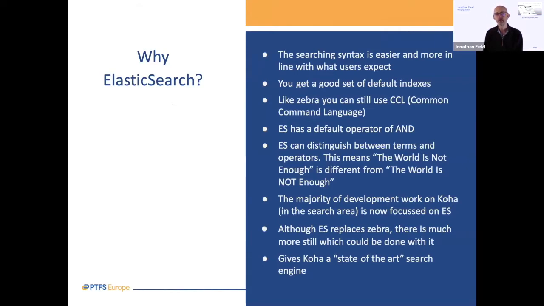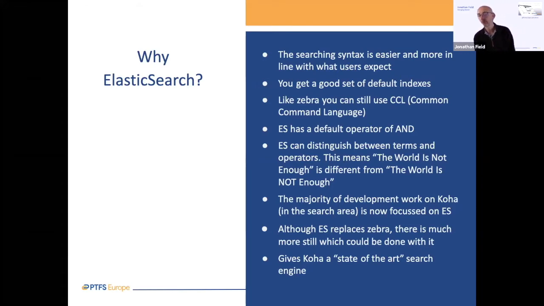Just really simple, basic searching things that you expect from those big enterprise search engines. You get delivered a really good set of default indexes for MARC data. If you do use the Common Command Language, which is probably a bit more of a niche thing, that's well supported in Zebra, but that's also supported in Elastic as well.